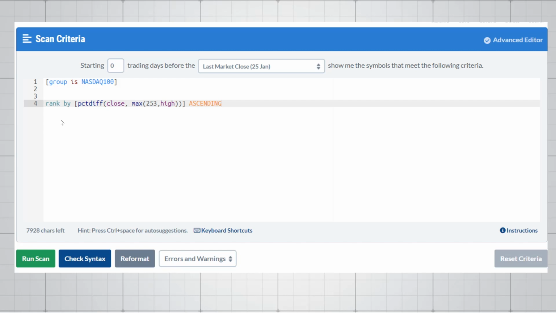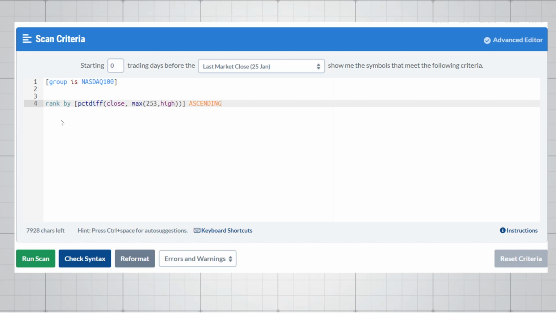We'll be using the percent difference code, which allows us to look at the difference between two variables. Here, the close. The second variable is the maximum high value over 253 periods, essentially one trading year.